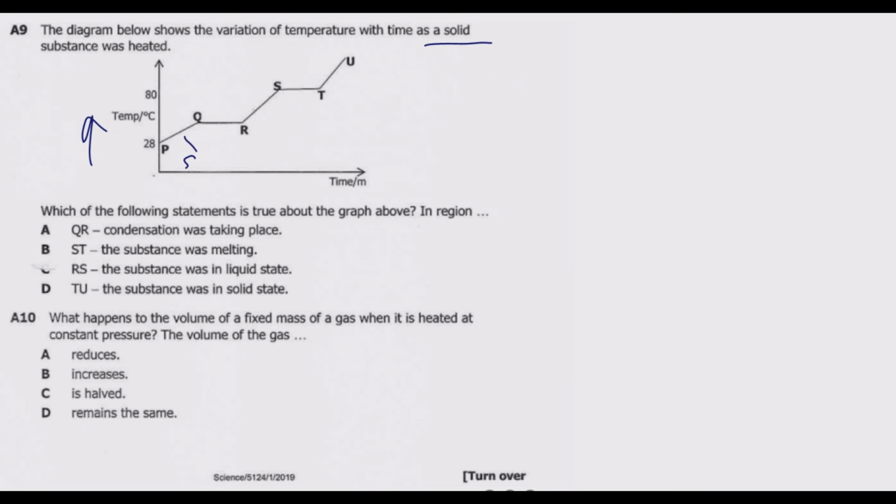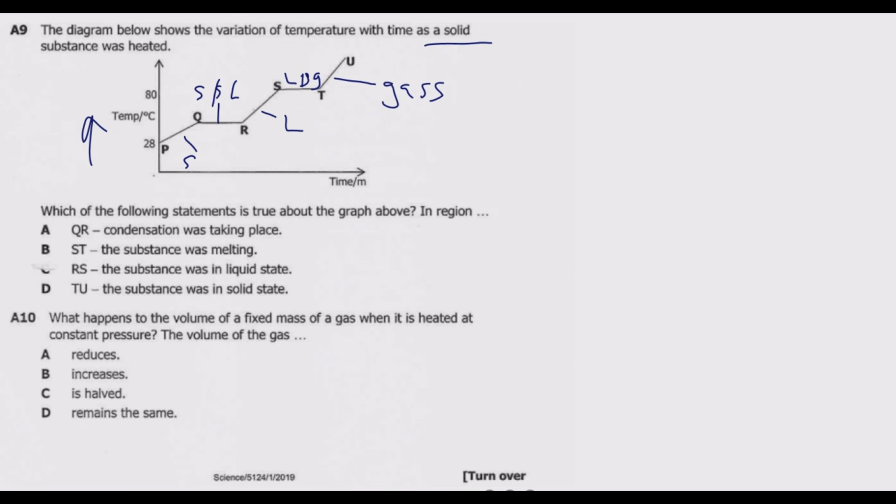Then the solid would melt into a mixture. So as it's melting, we have solid and liquid. Then at this point, only liquid remains. Then at this point, we are going to have a mixture of a liquid and a gas. Then at this point is only gas, the process is completely done.